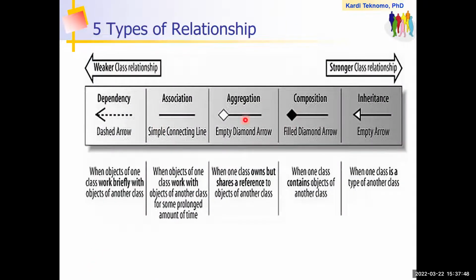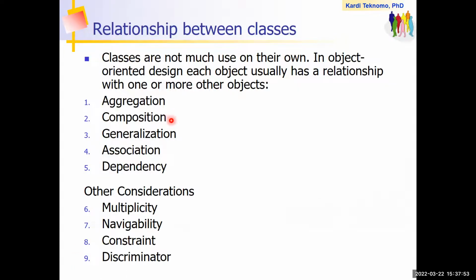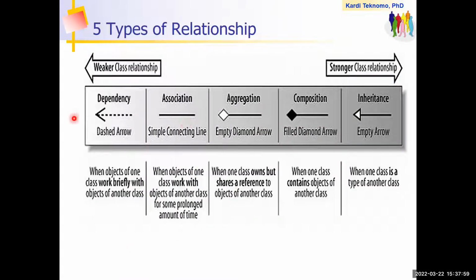So the second one is called composition. The third one is generalization, association, and dependency. What is that? Okay. When an object of one class works briefly with an object of another class, that is called dependency.